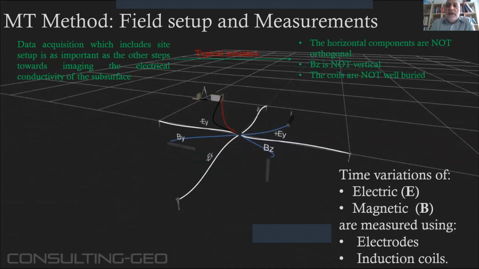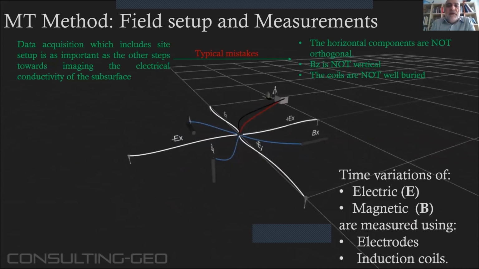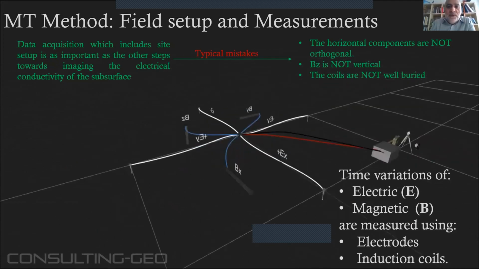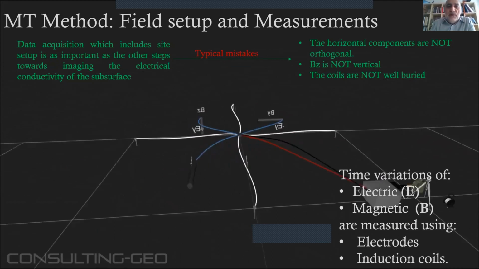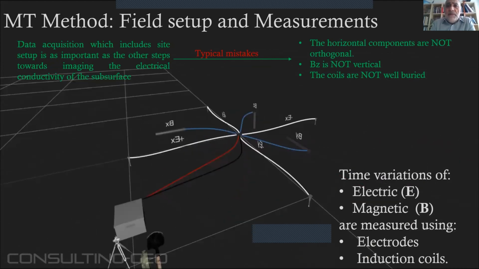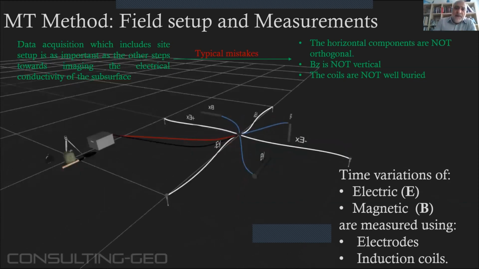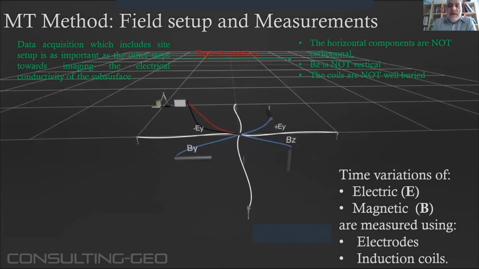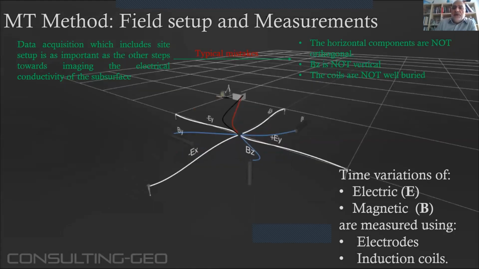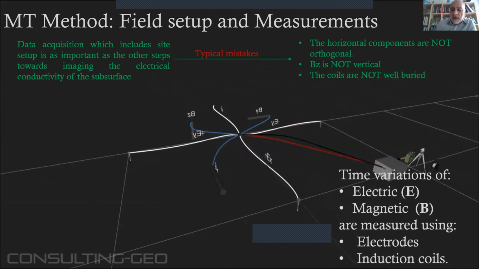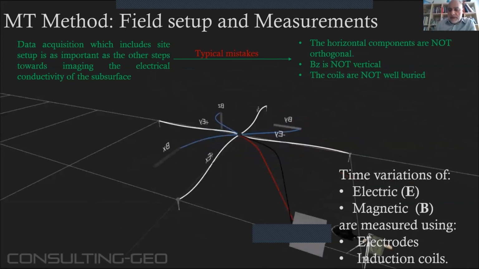So you will get something like temperature variation that affects the coils, or someone could move the coils and they are no longer completely orthogonal. My comment here is that setting up an MT site is as important as the other steps later in the workflow for the processing, modeling and interpretation of these data.